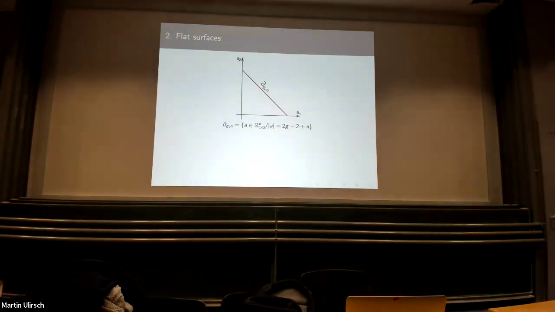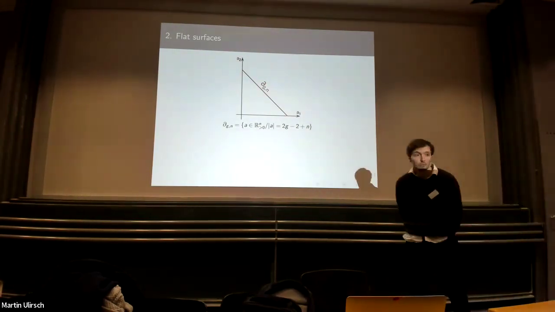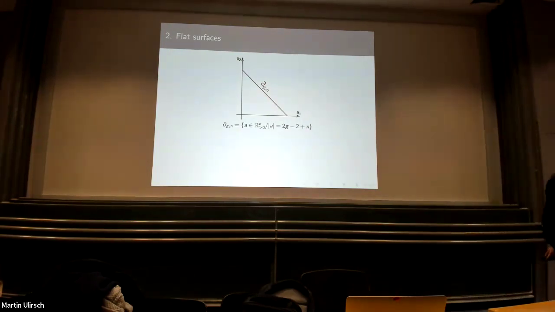Okay, but let me be more concrete on what we do. We'll first do the flat surface case, and then I will move to the hyperbolic world. So flat surface, I'm doing this bar GN, this partial GN. It's a set of positive vectors A such that the size is 2g minus 2. What I will define is a volume function.